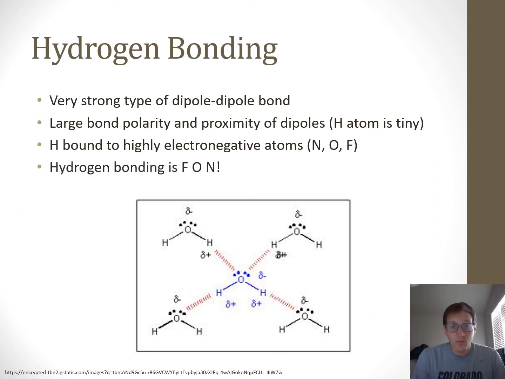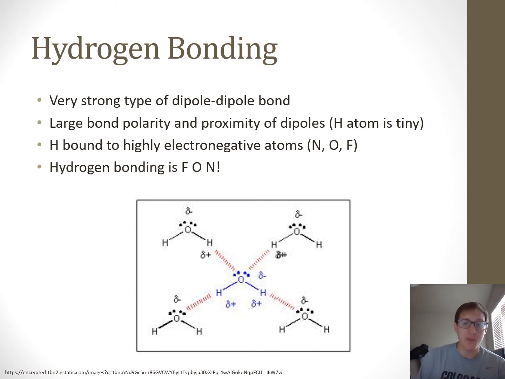Now, one way to remember this, and this is the way that chemists tend to remember, is FON. So whenever you have a hydrogen bonded to, again, fluorine, oxygen, or nitrogen, it's just an easy saying to remember which ones are going to be hydrogen bonding.